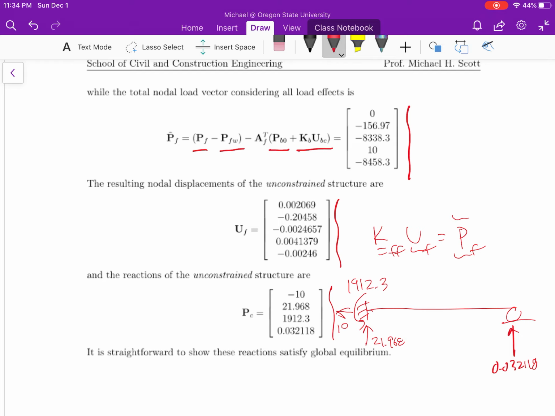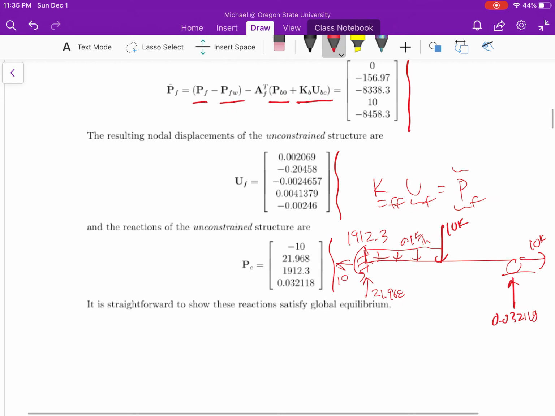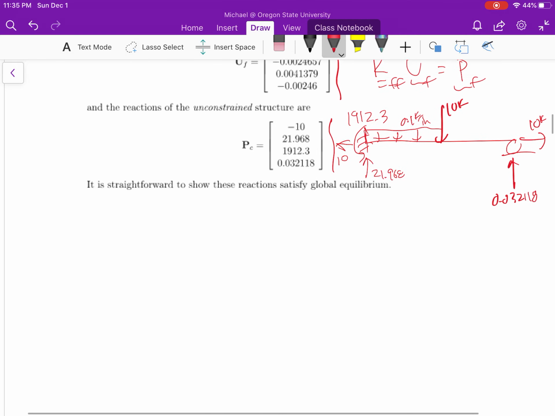Okay, so the support settlement does some pretty funky stuff here, but you know, the applied loads, 10 kips there, 10 kips there, distributed load here of what was it, 0.1 kips per inch, I believe. Okay, so you can verify that all that satisfies equilibrium. So that's with no constraints.